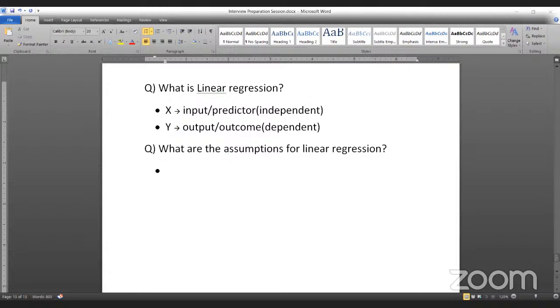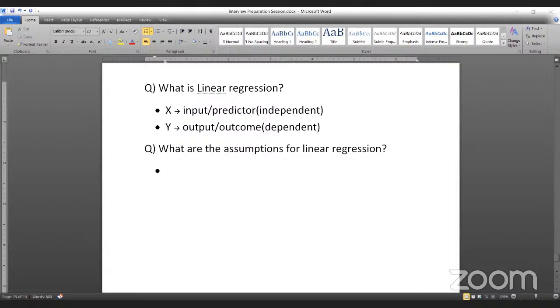If there is a correlation between them, then the problem is known as the multicollinearity problem. So if any of the predictor variables are dependent on each other, then a multicollinearity problem arises.